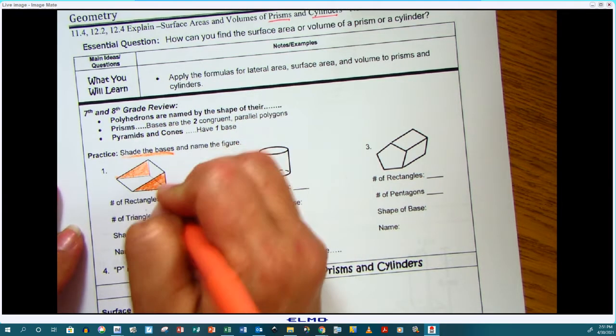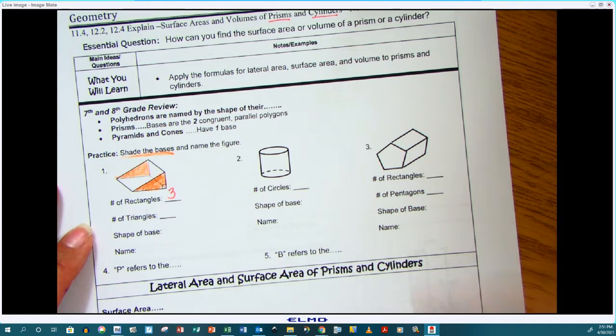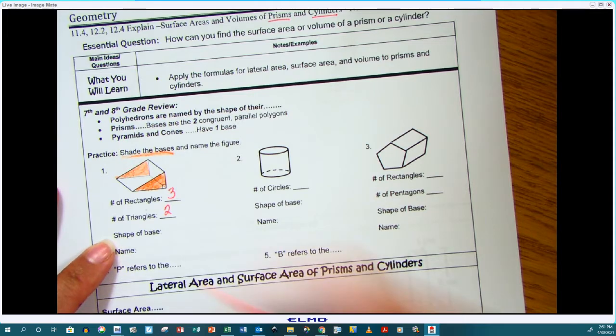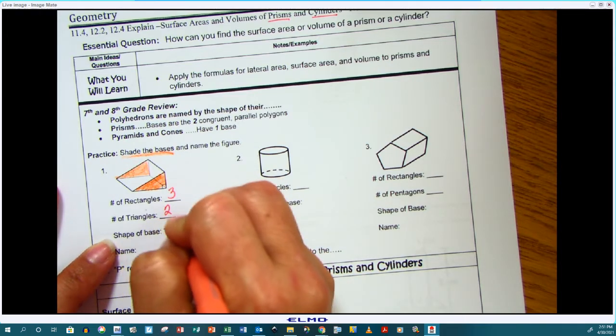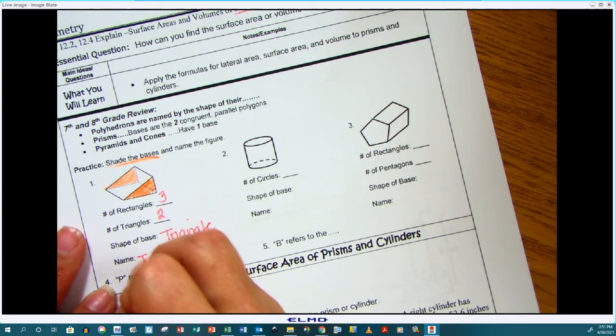So there are 3 rectangles because there are 3 lateral faces, because there are 3 sides of a triangle. There are 2 triangles because that is the base. And this is a triangular prism.